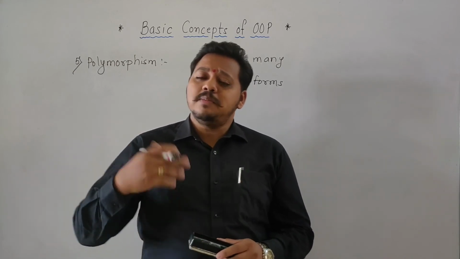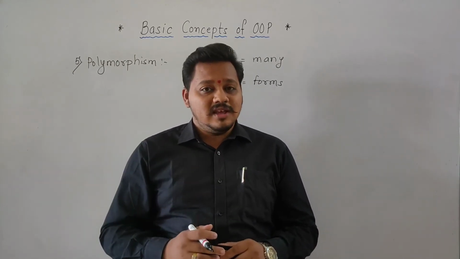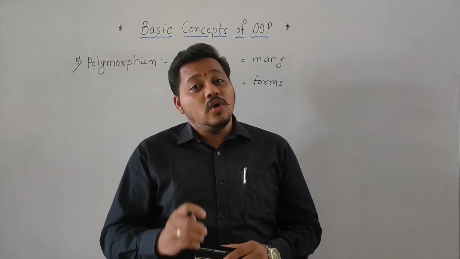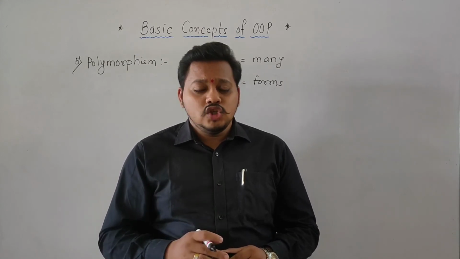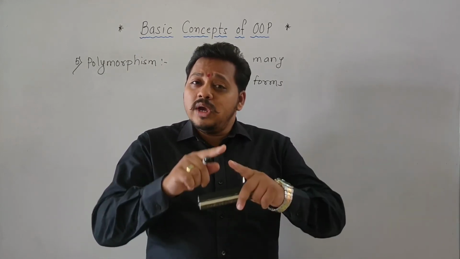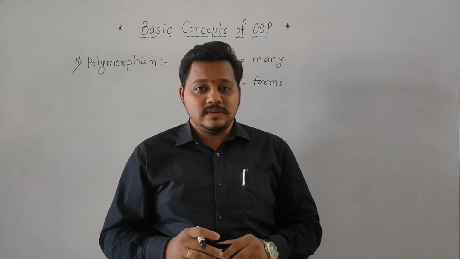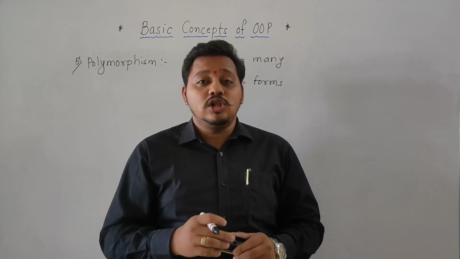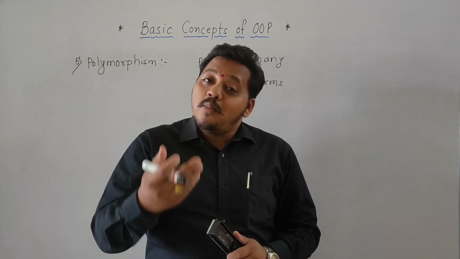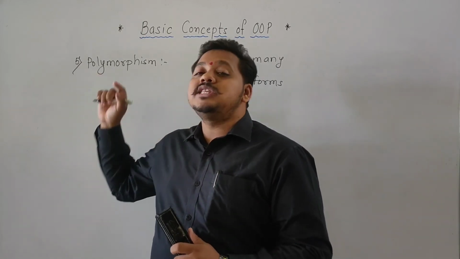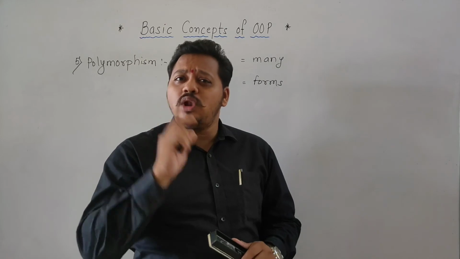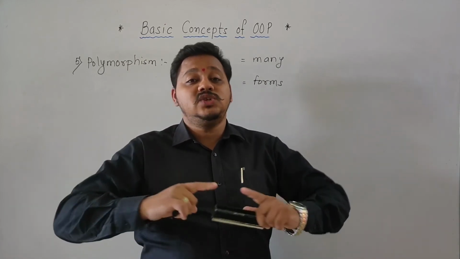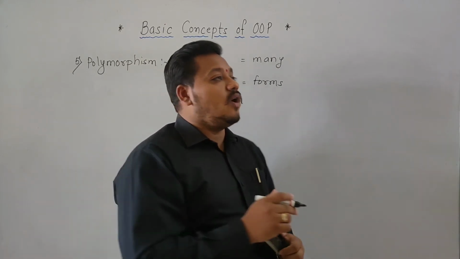And suppose I have some business and I go there, I am playing the role of owner. So I am only one person who is playing different roles. That means the ability to perform many roles, or the ability to take more forms, is called polymorphism. The person is only one, but in different situations he is taking different forms.